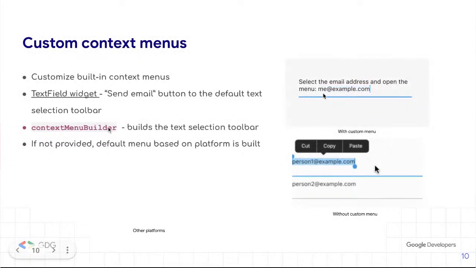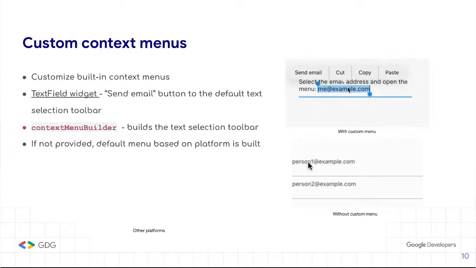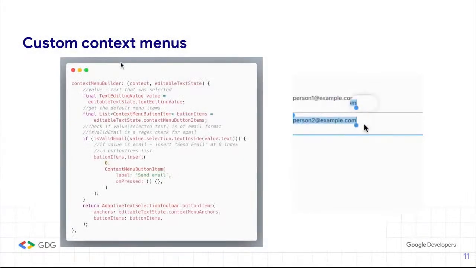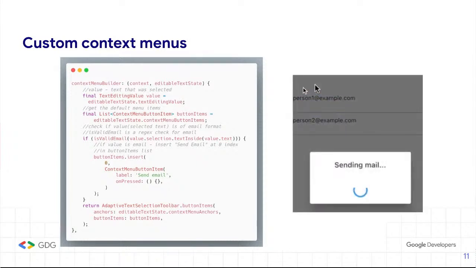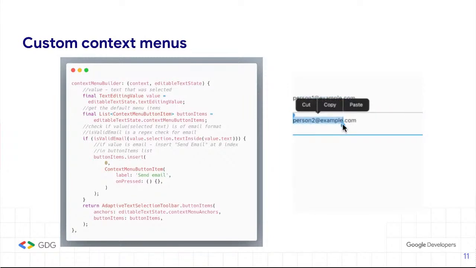Basically, the context menu builder builds the selection toolbar. If the context menu builder was never provided, then you will only see the default menu, which is cut, copy, paste. So a custom context menu can be a helpful one, especially if you're using desktop or web apps. It becomes a lot easier to perform actions on selected text.